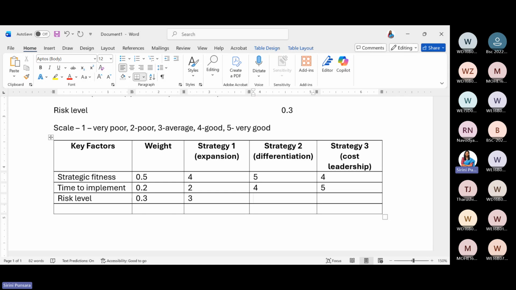Then 4, likewise. So what we have done is, with relevance to these factors, we have given marks to these 3 strategies based on this scale. In terms of strategic fitness, strategy 1 at good level, strategy 2 at very good level, 3 at good level. Then in terms of time to implement, strategy 1 at poor level, strategy 2 at good level, strategy 3 at again very good level, likewise.